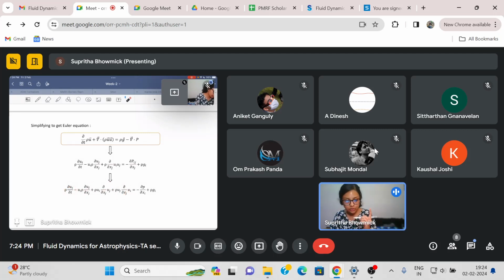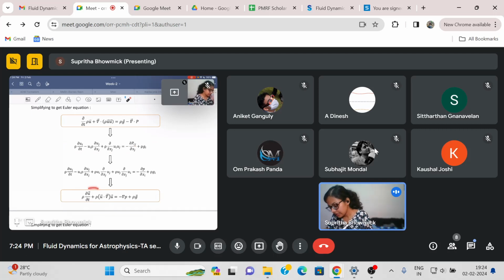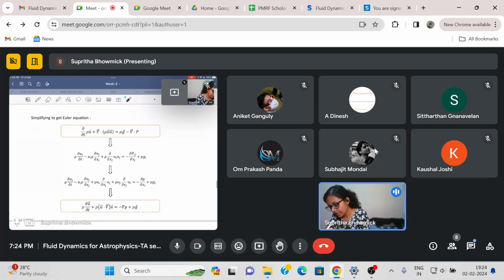Going back from the component notation to the vector notation, this is nothing but rho of del u del t, and this is nothing but u dot grad u. Do you agree that this term is basically this term? In that case, this is the equation that I get. Throughout this process I've only worked with the simplifying assumption that my fluid has zero viscosity, and I get the simplified form of the Euler equation.